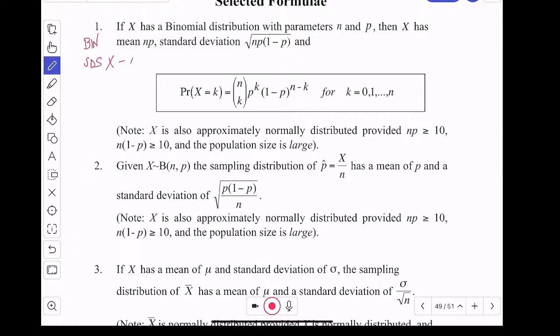X is the number of successes in n independent trials. In other words, it's a count, so it's a number computed from a sample. So X is a statistic. We call it the count variable.